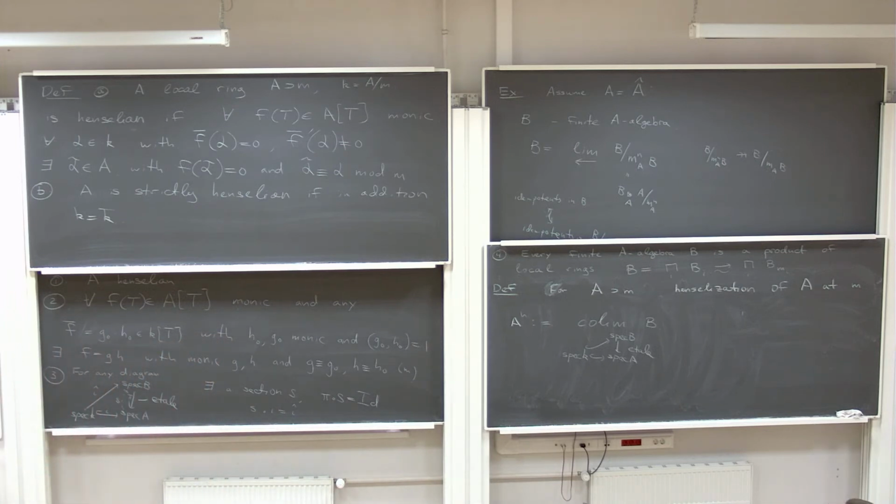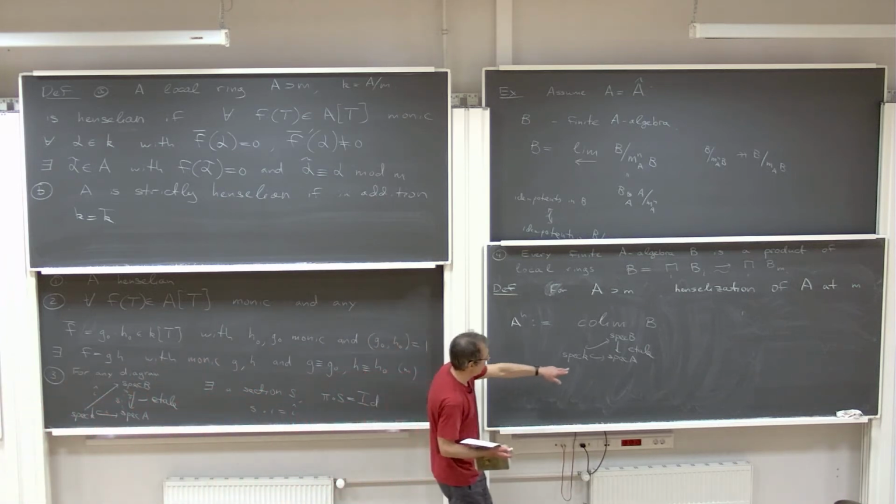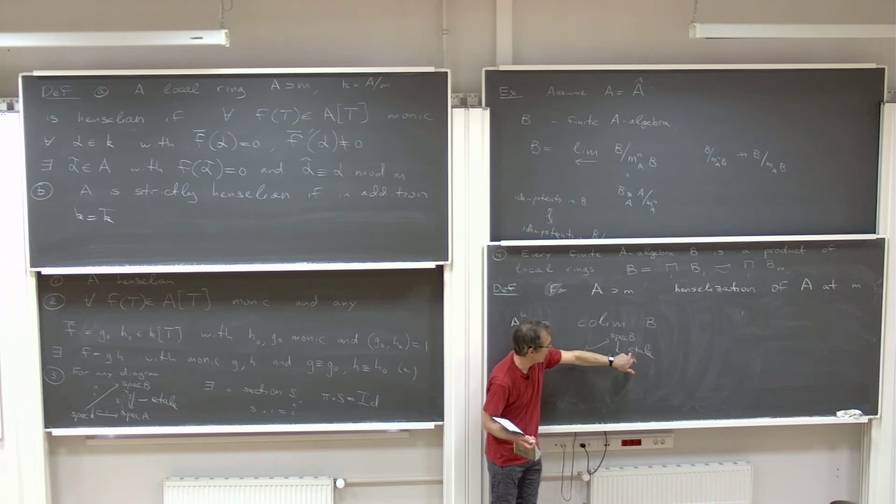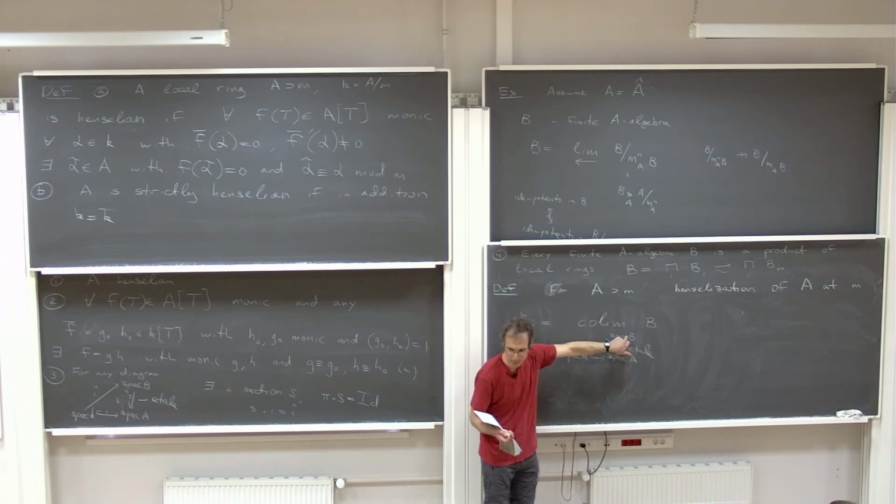Okay, so just a side remark is that if you replace in this condition, in this diagram here, the word étale by the word open embedding, open immersion, then you get what?